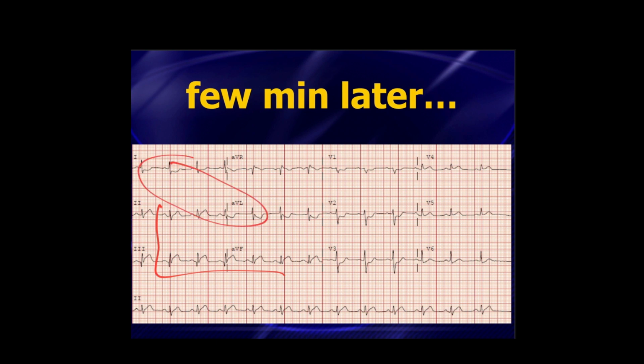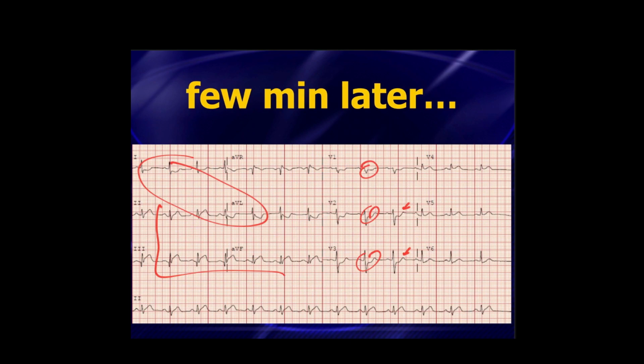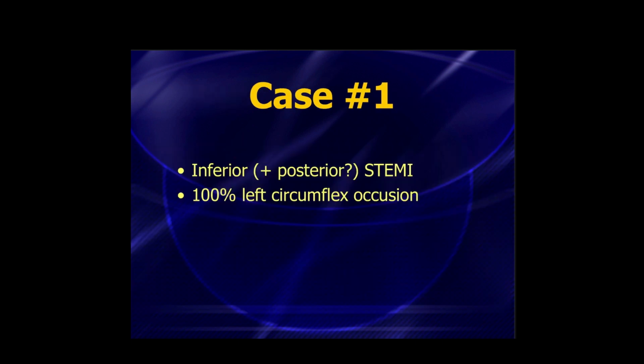And maybe there's a little bit of ST segment depression in leads V1, V2, V3 with upright T waves in those same leads. This might very well be a posterior STEMI also, so at the very least, inferior STEMI, possibly with posterior extension. Sure enough, this patient ruled in, went to the cath lab and had a 100% left circumflex occlusion.